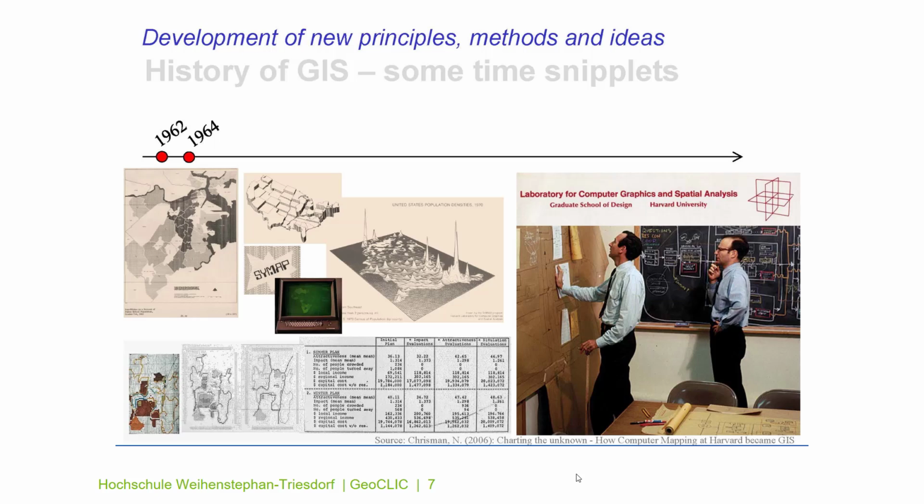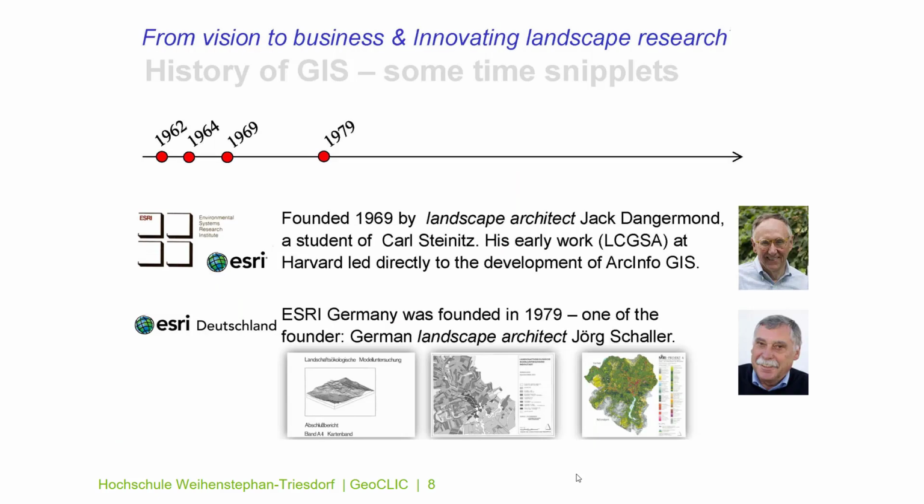We see here Carl Steinitz and soon after, we had further development at the Harvard Graduate School of Design. And here we see first even 3D analysis, not that different from what we are still doing today.